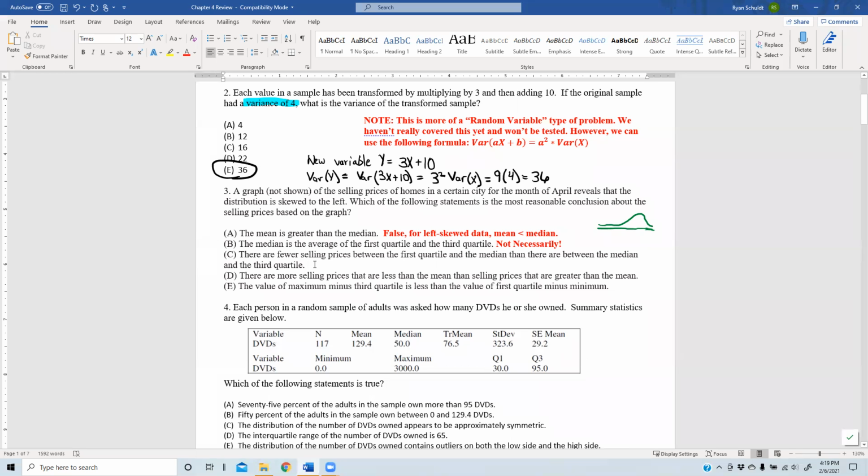So there's not going to be fewer selling prices. The median is where half are below, half are above. This is just false. So false.